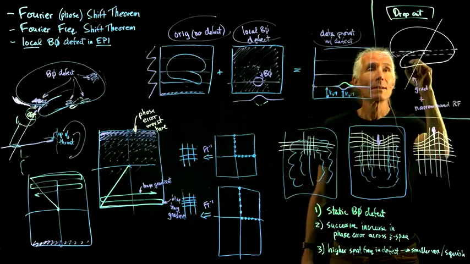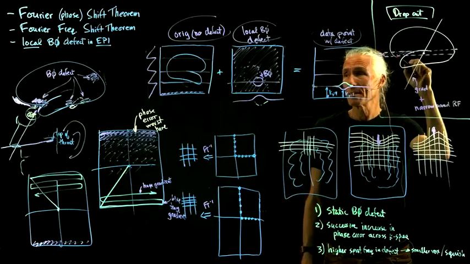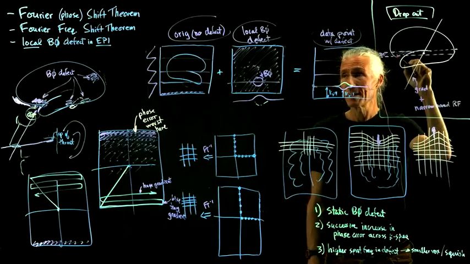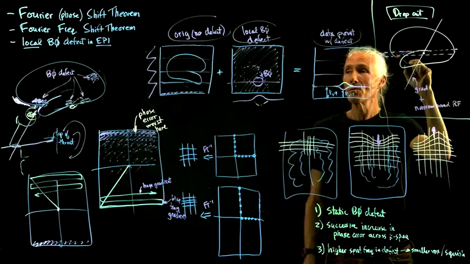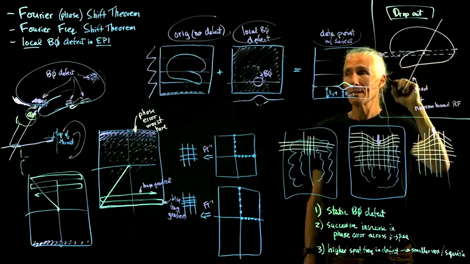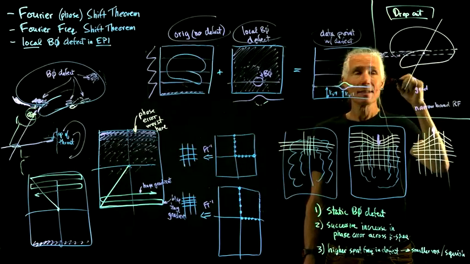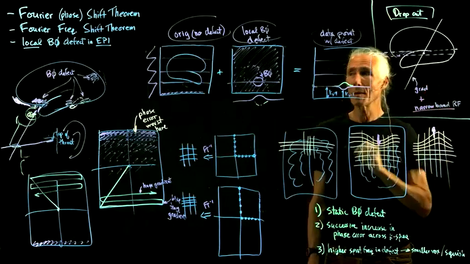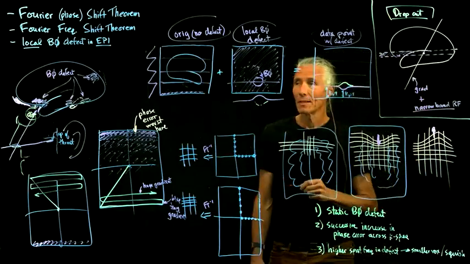But what's going to happen over here? Well, there's a B0 defect. And if there's a B0 defect, what that's going to do is move the resonant frequency at that point so far off that we won't stimulate with this particular narrow band of frequencies.